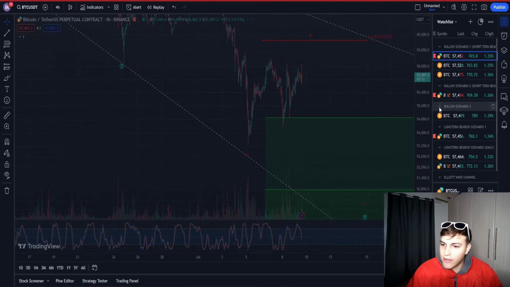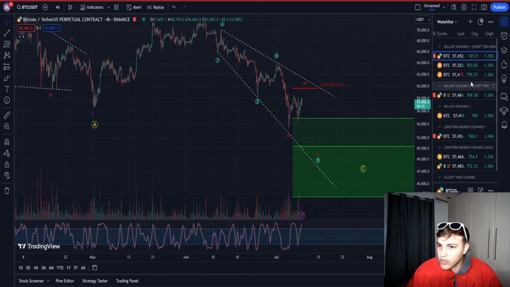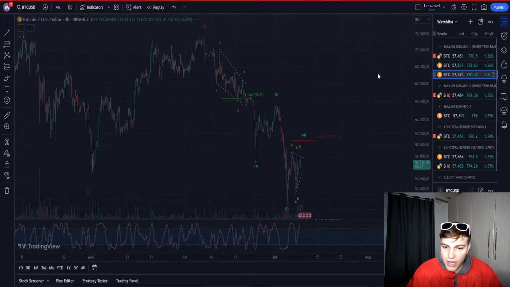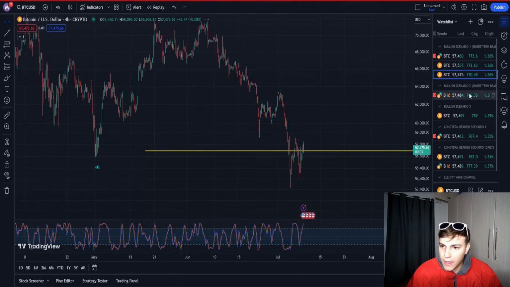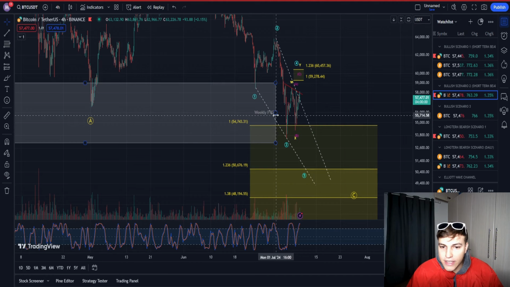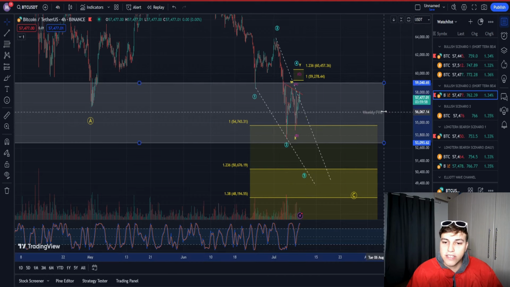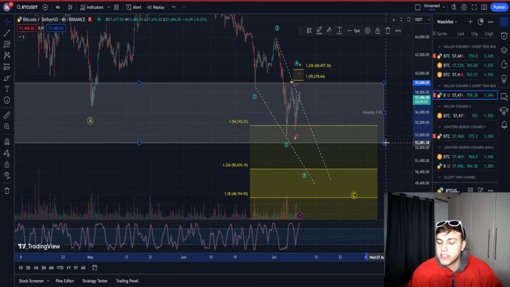The last thing I can speak about is there is still a weekly fair value gap on the chart. If I can find it here on one of my charts, not on this one. Not on this one either. I think it is on this one here. There is still a weekly fair value gap that has not been filled. The bottom of this fair value gap sits around $53,000.